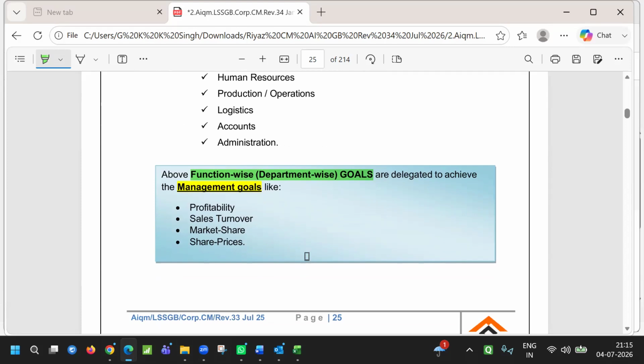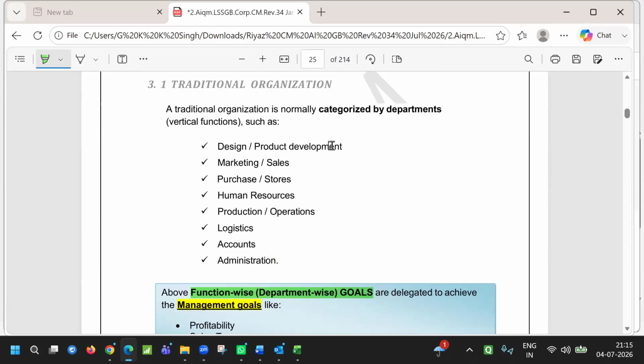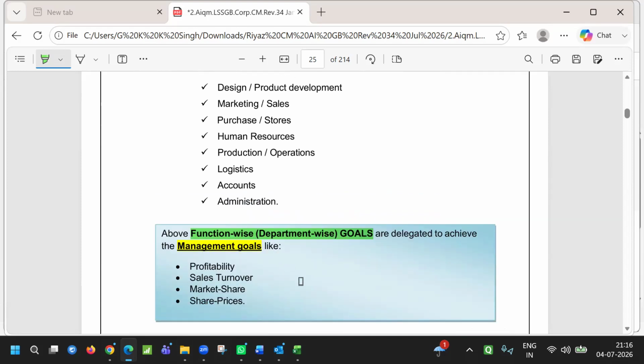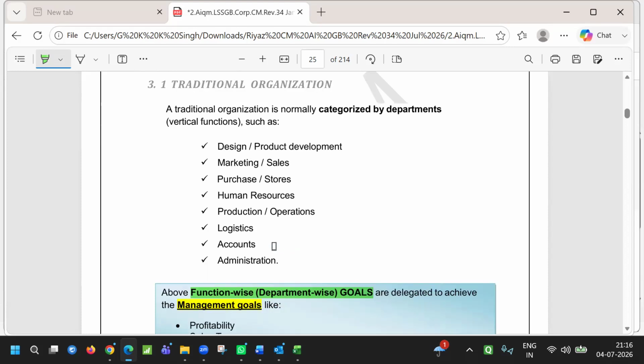So far as our customer is concerned, he is not concerned with whether our management has achieved their goals or improved their performance in terms of management goals like profitability or market share. Customer is also not concerned with our departmental goals.